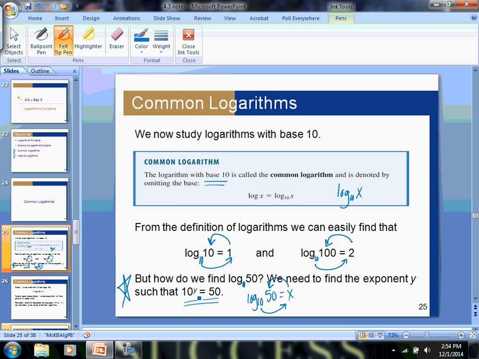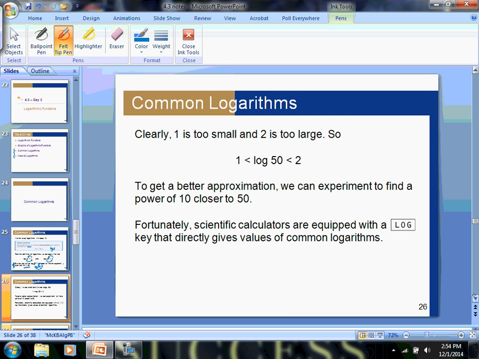Well, 10 to the second power is 100, and 10 to the first power is 10. So you know it has to be a number between 1 and 2. So log base 10 of 50, or log of 50, has to be between 1 and 2.